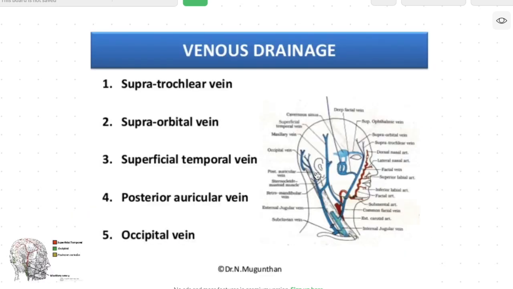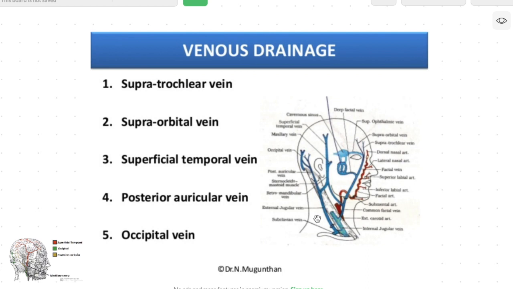Alright, so the venous drainage of the scalp can be divided into two parts, that is your superficial and your deep components. The superficial drainage follows the arteries above. Remember, we have studied the superficial arteries; the superficial venous drainage is similar to that arterial system, except it's moving downward and arteries are moving upward.